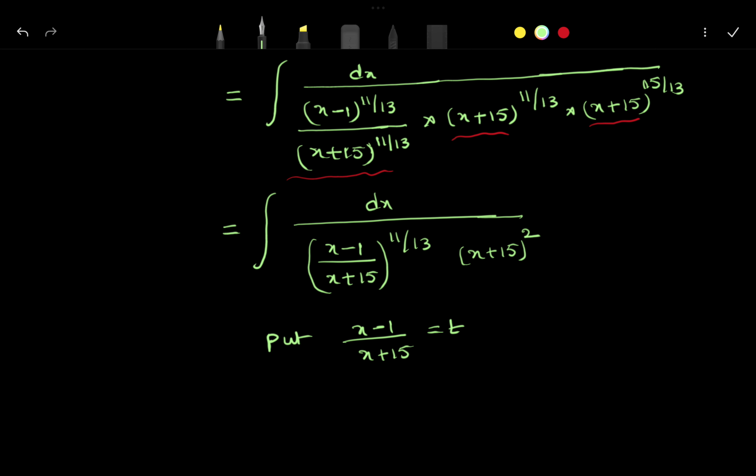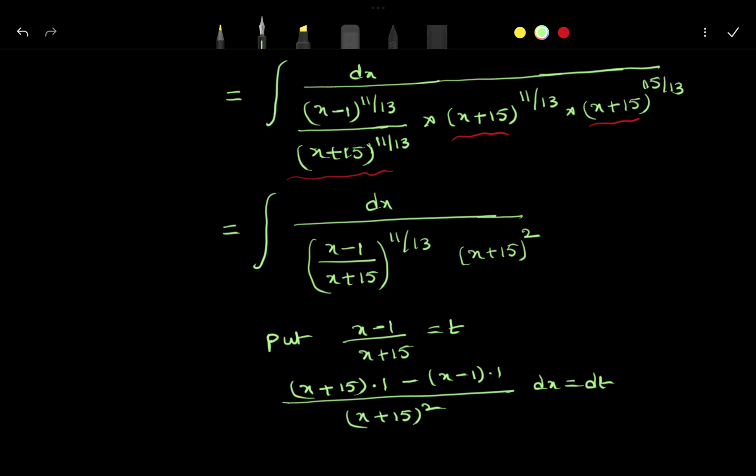Differentiating with respect to x, it becomes (x plus 15) into 1 minus (x minus 1) into 1, divided by (x plus 15) whole square, into dx equals dt.